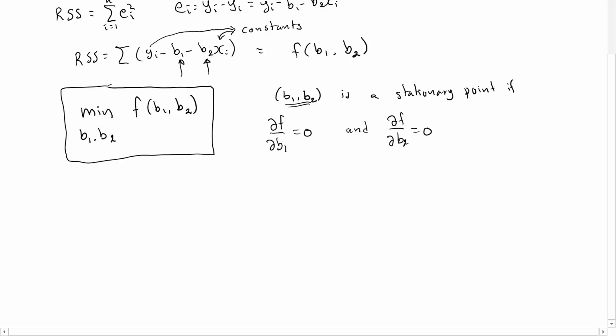So the first and most important step of solving the least squares problem is to find the partial derivatives of this function f. So let's start with b1.